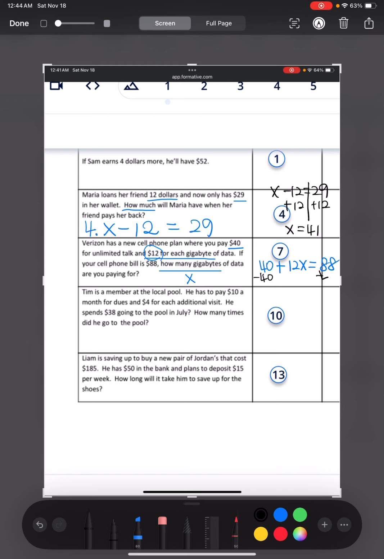Oh, it's not letting me write. So I'm subtracting 40 from 88.